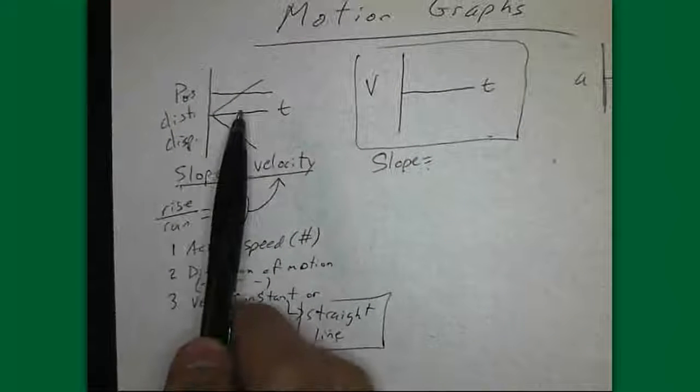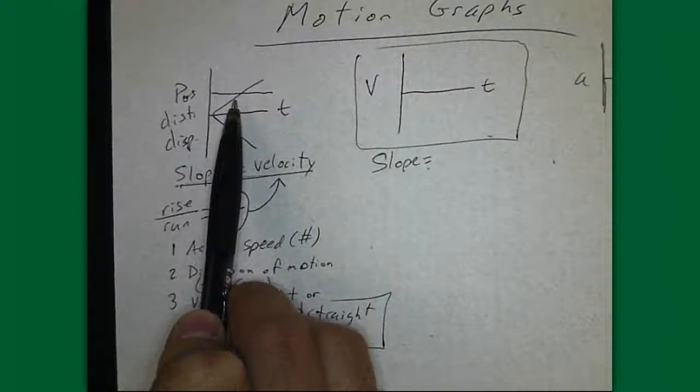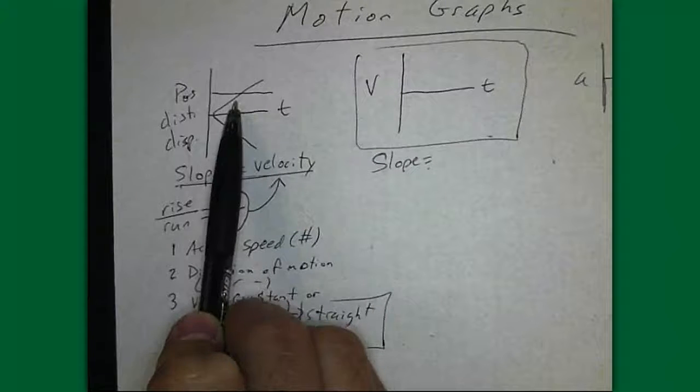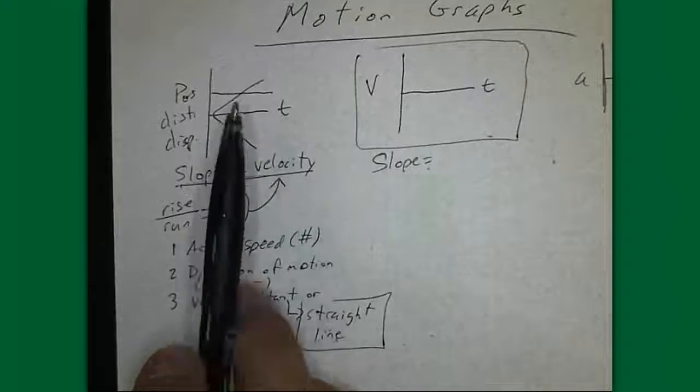Remember, with position versus time, we can tell if the object is going forward or backward based on the slope of the line. Remember, positive slope told us that it was positive velocity moving forward. Negative slope told us it was negative velocity moving backward.